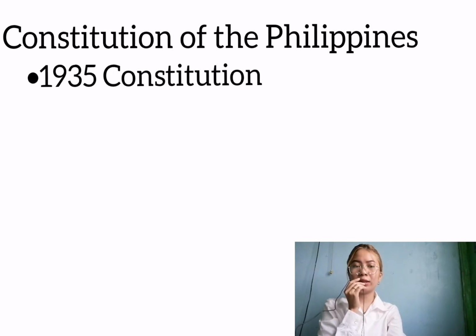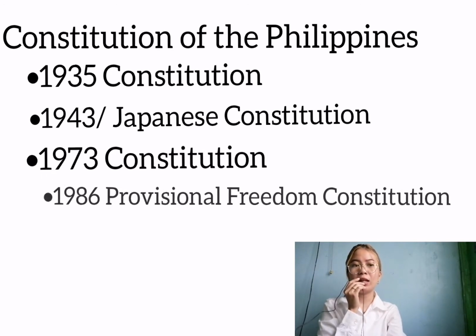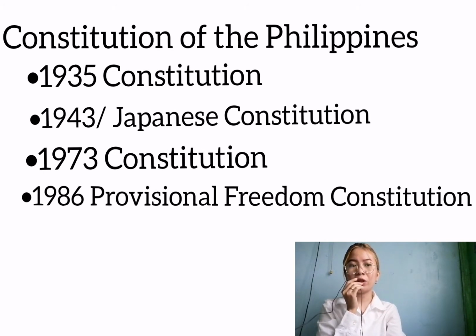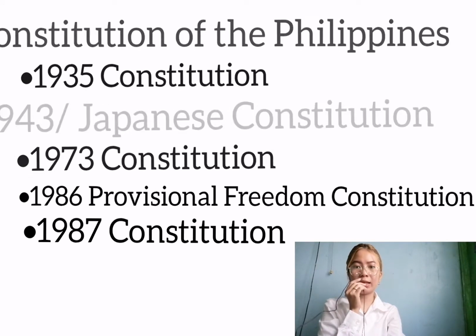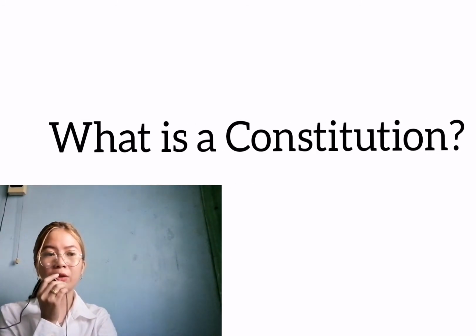Years passed by, more constitutions existed, namely the 1935 Constitution, 1943 or the Japanese Constitution, 1973 Constitution, 1986 Provisional Freedom Constitution, and 1987 Constitution. Those constitutions will be discussed later. We now have background information on how the first Philippine Republic was created.